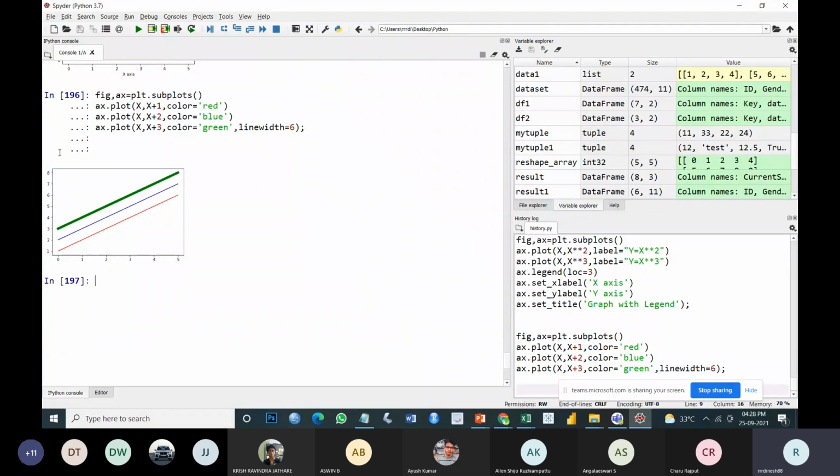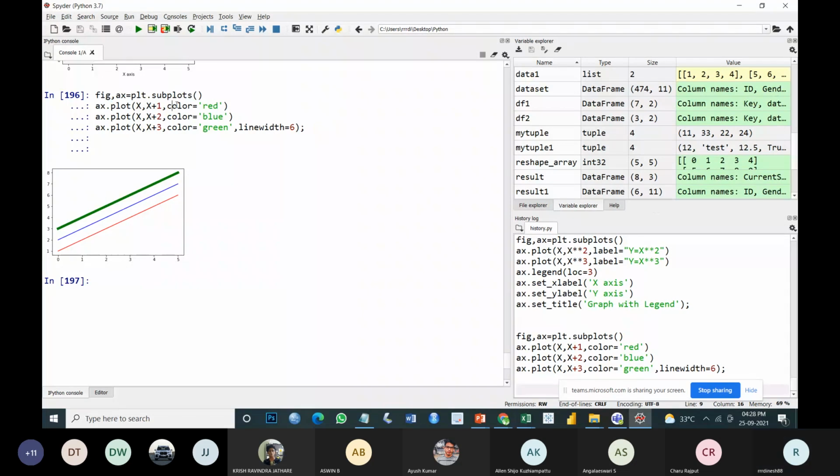See here, plt dot subplots. Then ax dot plot of x comma x plus 1. So here, if it is 5 then it is 6 on the y axis. The color is red.